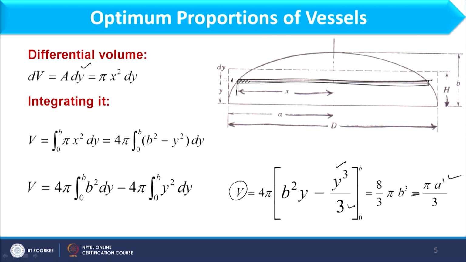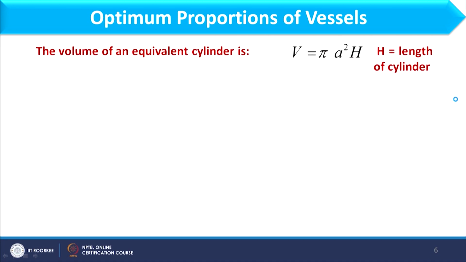However, if I want to represent that volume as the volume of a cylinder, it means pi a square into h, that would be the total volume of the cylinder. So, pi a square into h, where h is the height of the cylinder that we have considered. Now, this volume would be the volume of the domed section, which we have just derived.